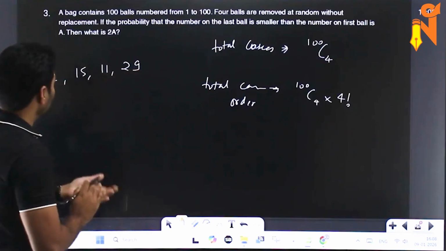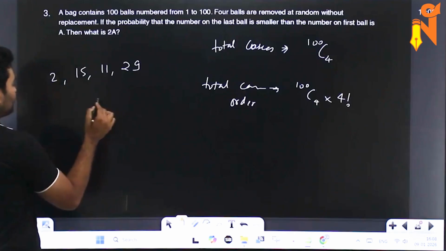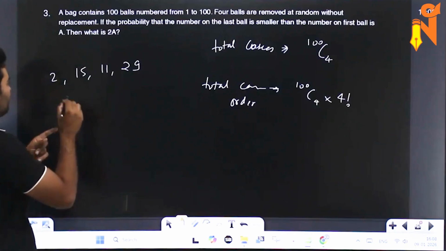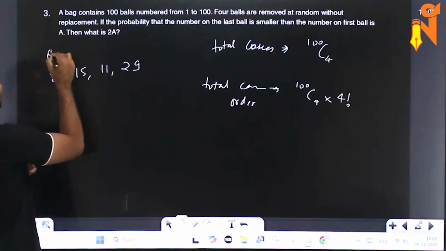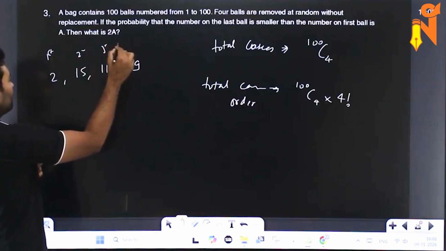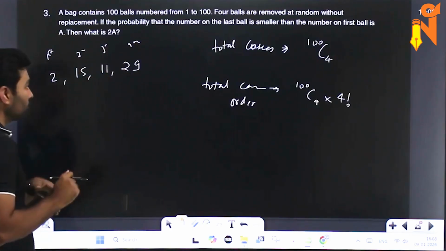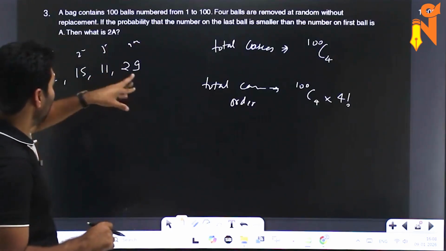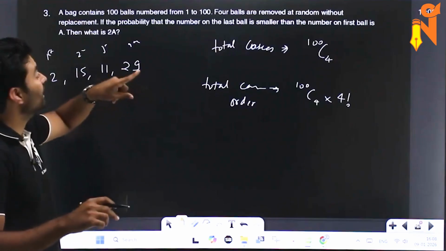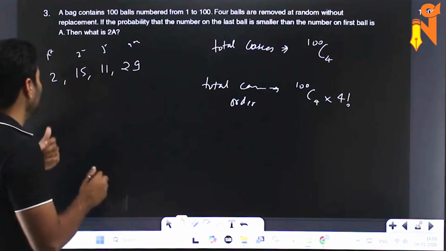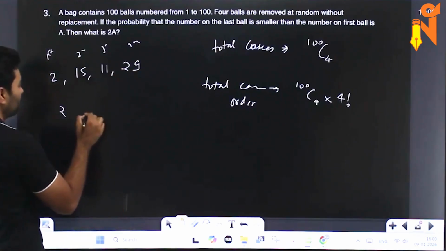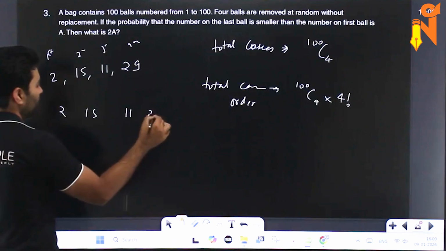Now total number of cases in which, let's say, first ball, second ball, third ball and fourth ball, the last ball which I am picking is lesser than the first ball. So basically let's say 2, 15, 11, 29.